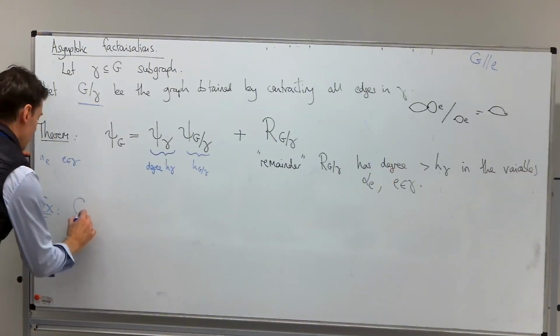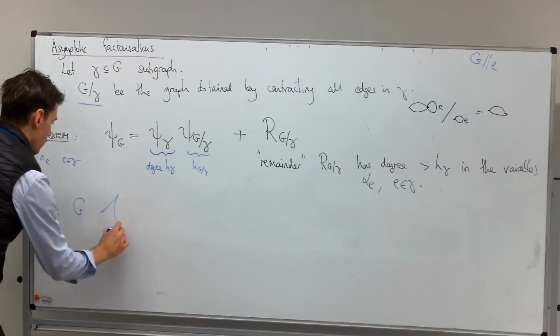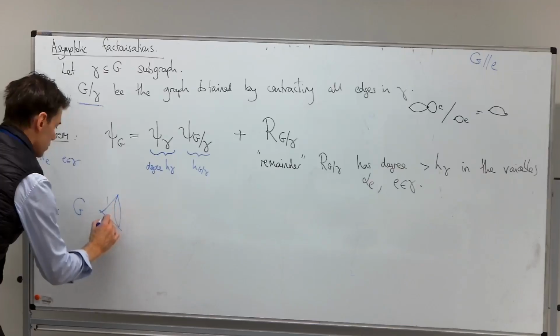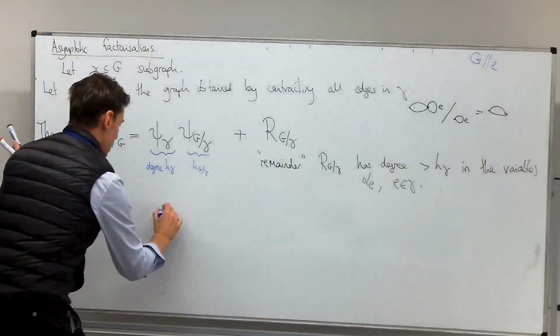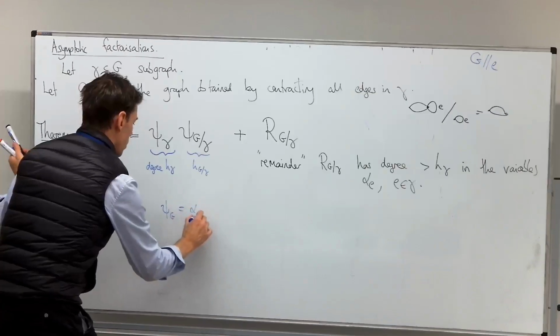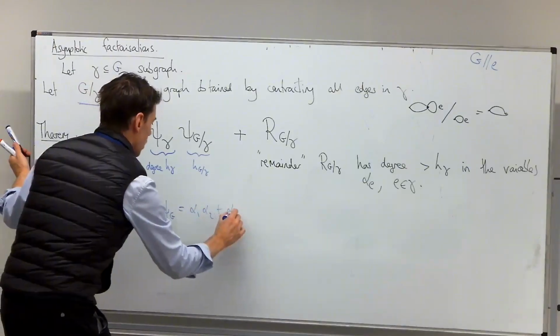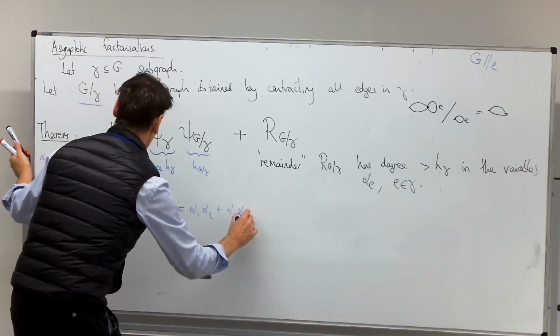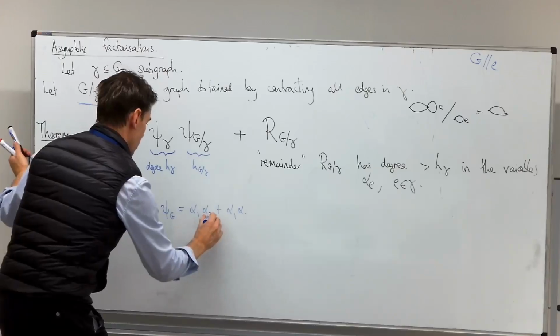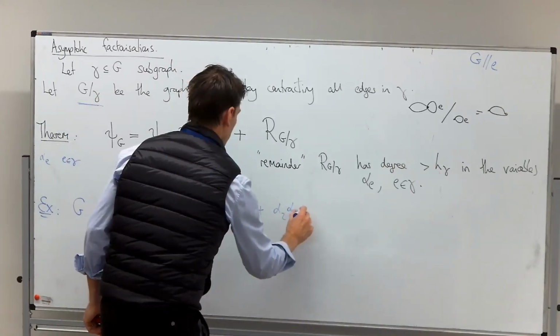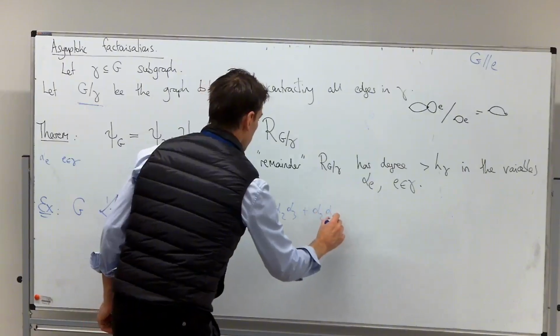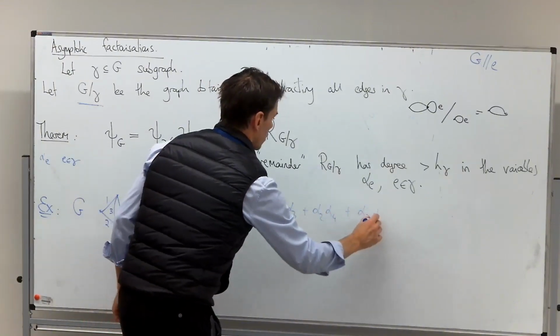So let's take this graph. And we computed this the other day. Psi G equals alpha 1, alpha 3, alpha 1, alpha 4, alpha 2, alpha 3, alpha 2, alpha 4, plus alpha 3, alpha 4.